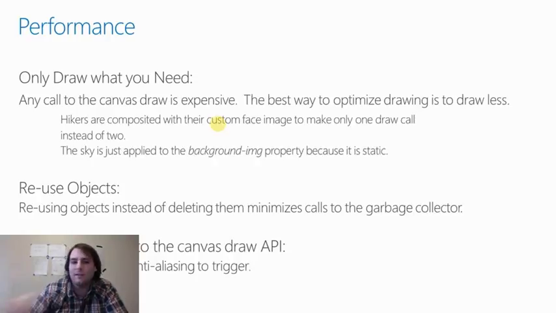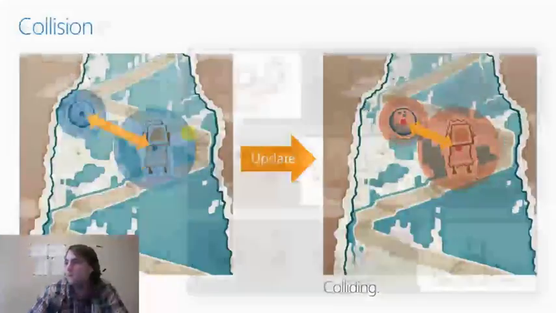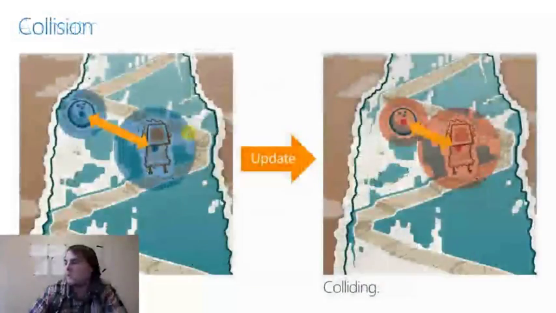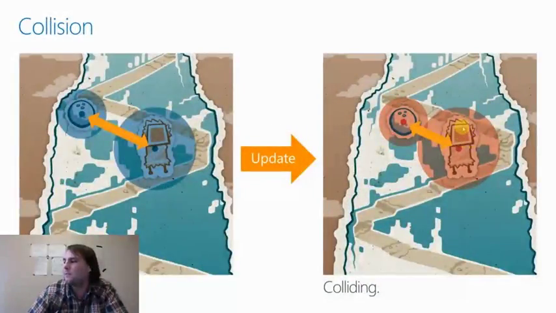For example, in our game all our hikers have a face that is independent of the hiker image, and we composite those together before the game runs so that we only have to draw one image instead of two. Basically, if you can do it during load, do it, so you don't have to draw multiple images during the actual draw loop.